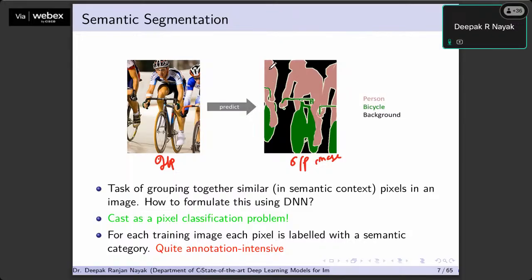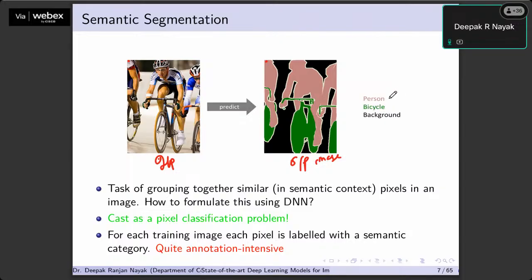So this is semantic segmentation, where your task is to group similar types of pixels in an image. While I'm saying grouping similar types of pixels, it can be cast as a pixel-level classification problem. What do you mean by a pixel-level classification problem here? That means for every pixel, you will assign a class label in the output segmented image. So for this case, there are actually 3 classes.